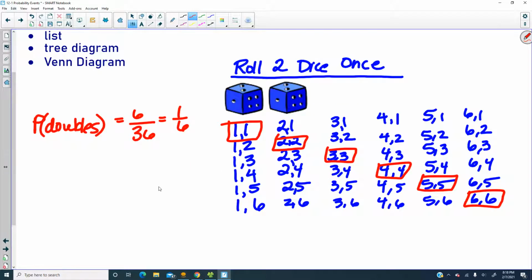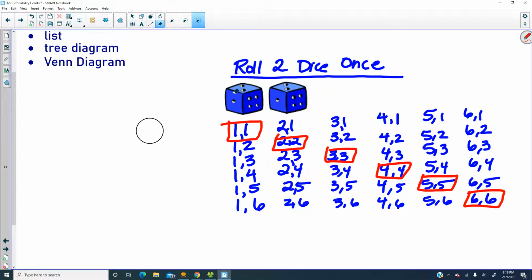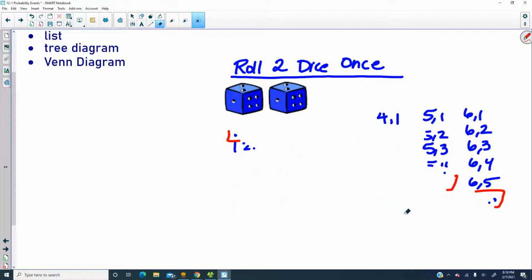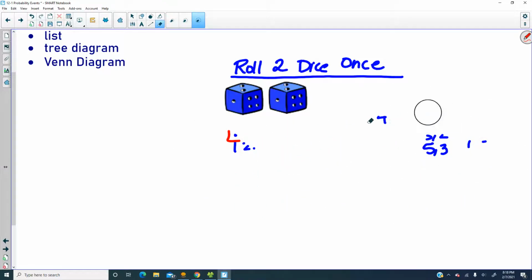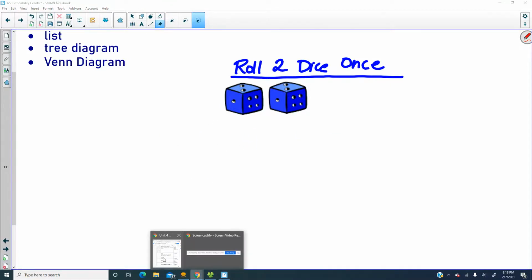Okay. You can also, instead of doing a Venn diagram, do a tree diagram. So let me erase this. Let me pause it for a second.